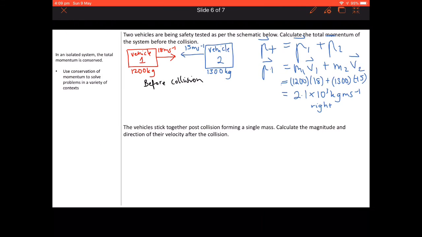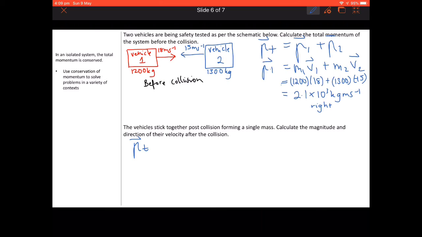The next question is saying that the vehicles stick together post-collision, forming a single mass. We need to calculate the magnitude and direction of their velocity after the collision. So to do these kinds of questions, it's the same, but you just add the masses together, and because they're forming one mass, the momentum of that overall blob, I suppose, or that overall mass of crashed car, is going to be the same because they're connected.